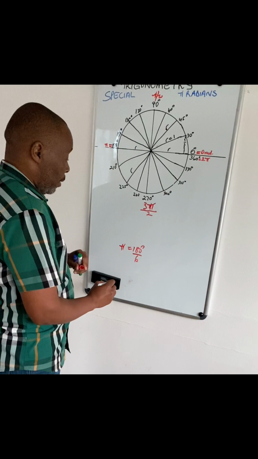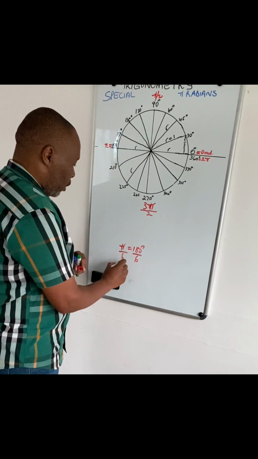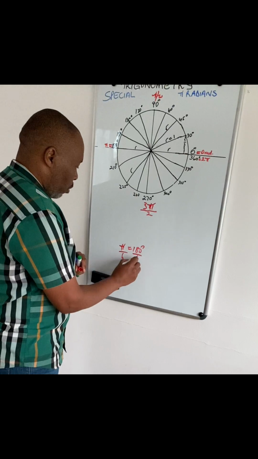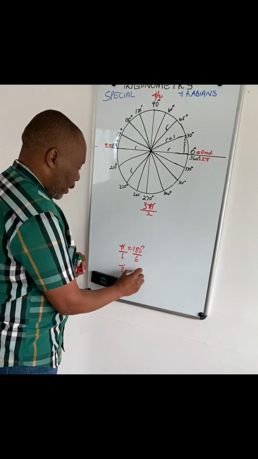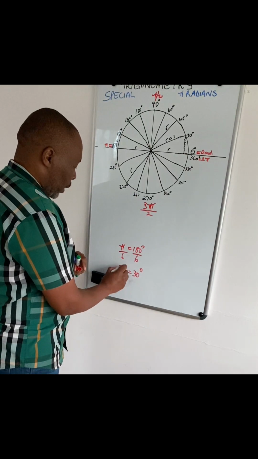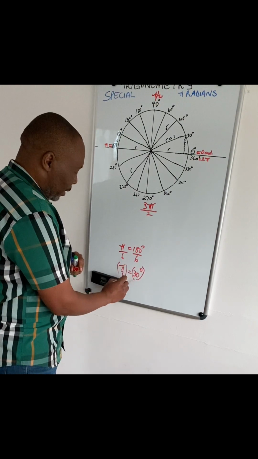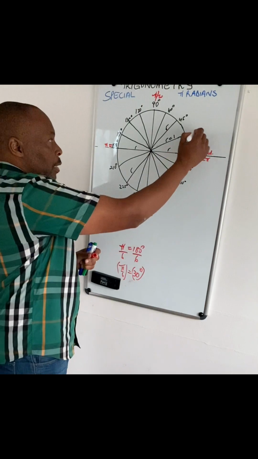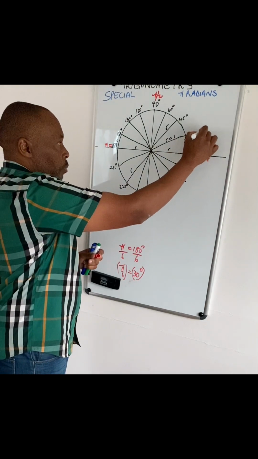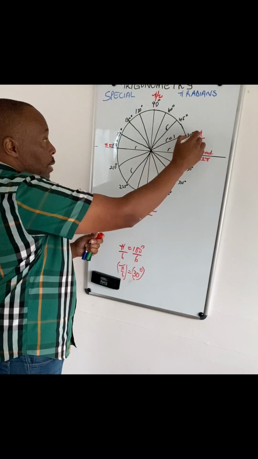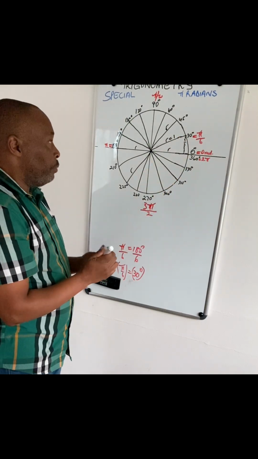Divide both sides by 6. Therefore, pi over 6 is equal to 30 degrees. So the representative of 30 degrees in pi radians is pi over 6. Pi over 6 represents 30 degrees.